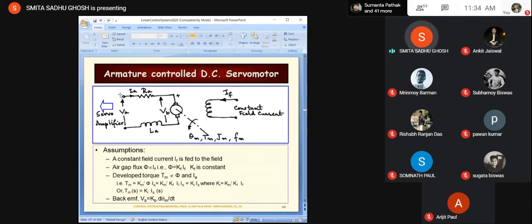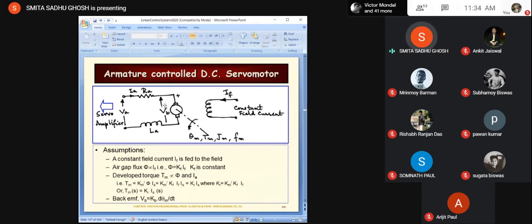Now, since we are operating this servo motor in the armature controlled mode, the armature side is being excited. So now, if we were to write down the equation for the armature side, we would also have to take into account the back EMF which is produced. The previous time, when the servo motor operated in the field controlled mode, we did not have to deal with the armature side.